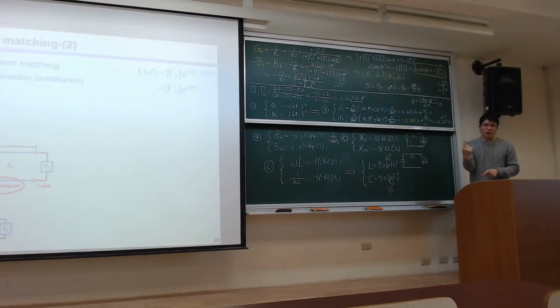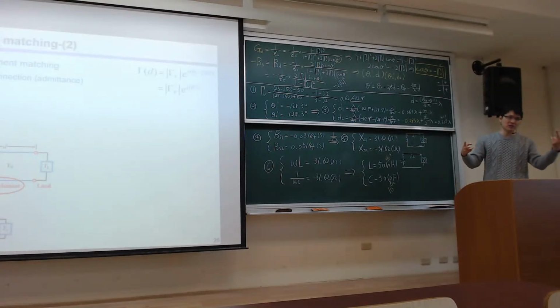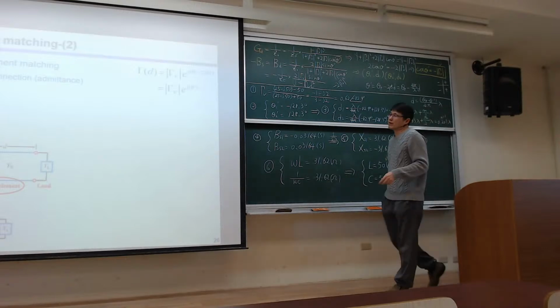One choice would be making a parallel connection using an inductor. So you have to choose the position right. If you want to perform impedance matching using a capacitor, you will need to find the right location, okay? So you always have two choices, inductor, capacitor. So I still have 1 minute.